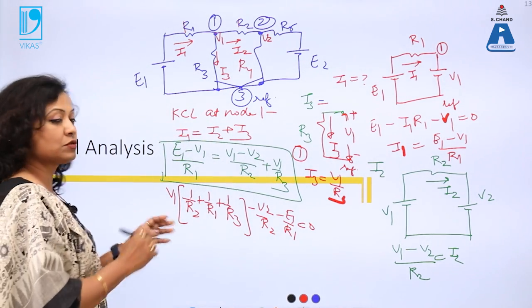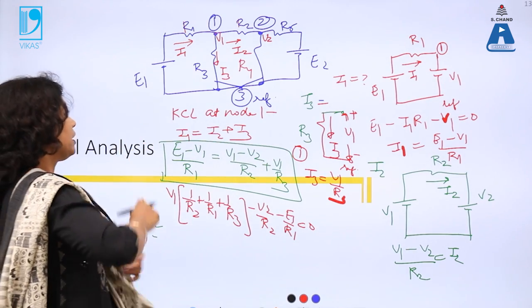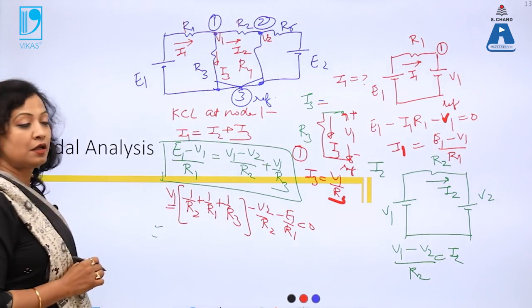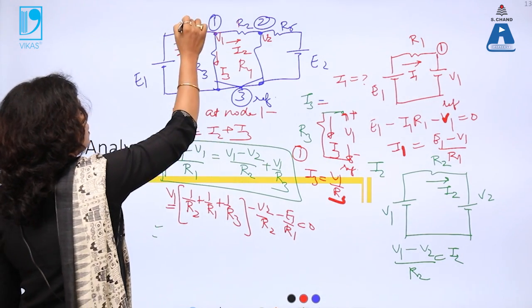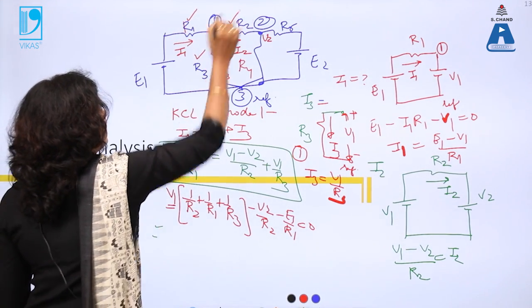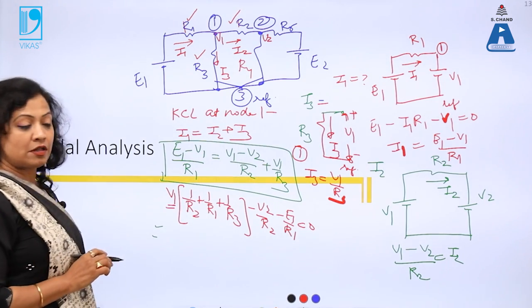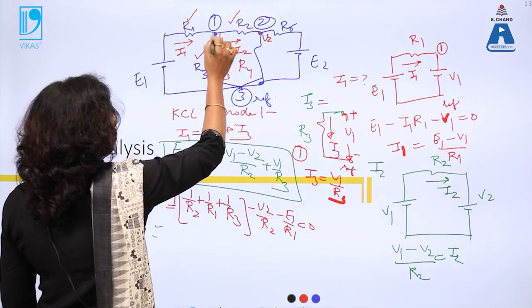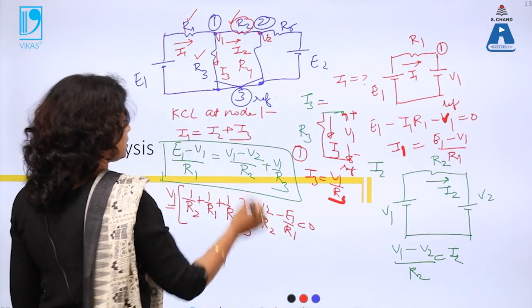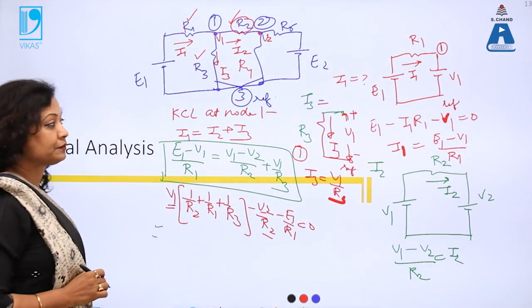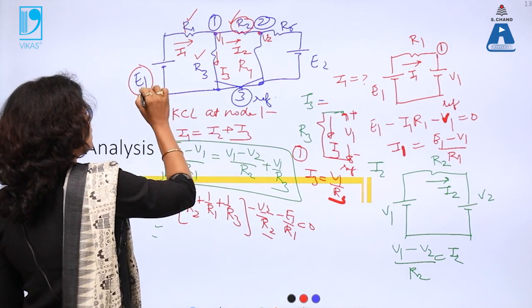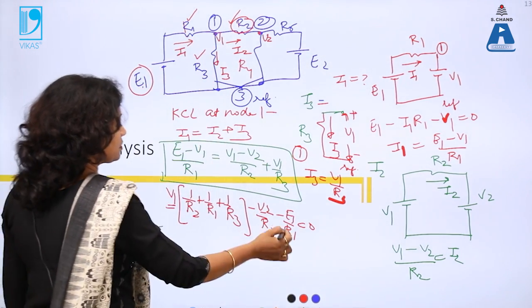We can directly use this equation in terms of the voltage across which we are finding out. KCL is taken outside. Within the bracket all resistance directly connected, so the reciprocals are added, minus voltage directly connected divided by resistance through which it is connected, then minus E1 by R1.